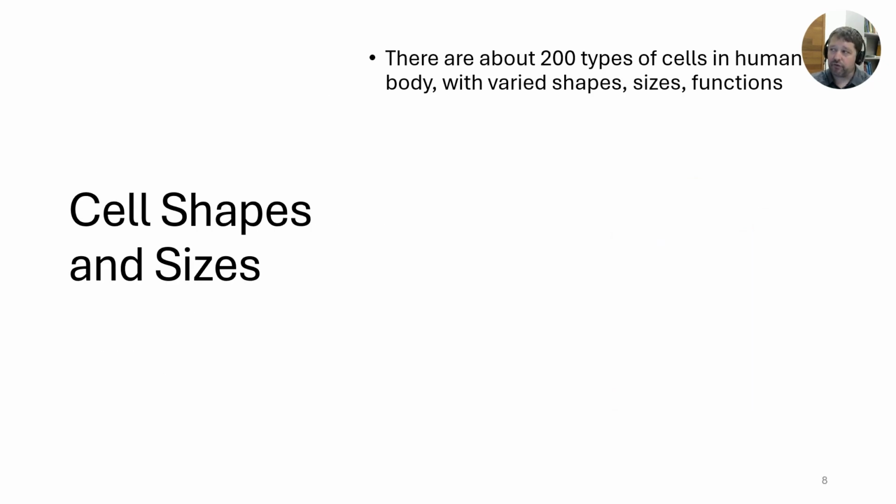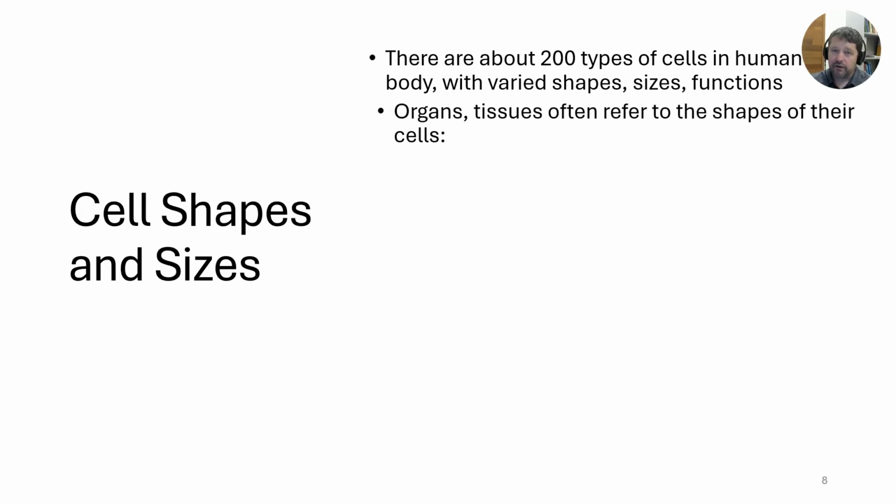All right, so cell shapes. Okay, there are about 200 different types of cells in the human body, and they all vary in shape and size and function. Okay, some of them we're going to talk about, and it'll be important for you to know them because the shape or structure will determine its function, like we talked about a little bit before. Often, shape or structure determines function, okay?